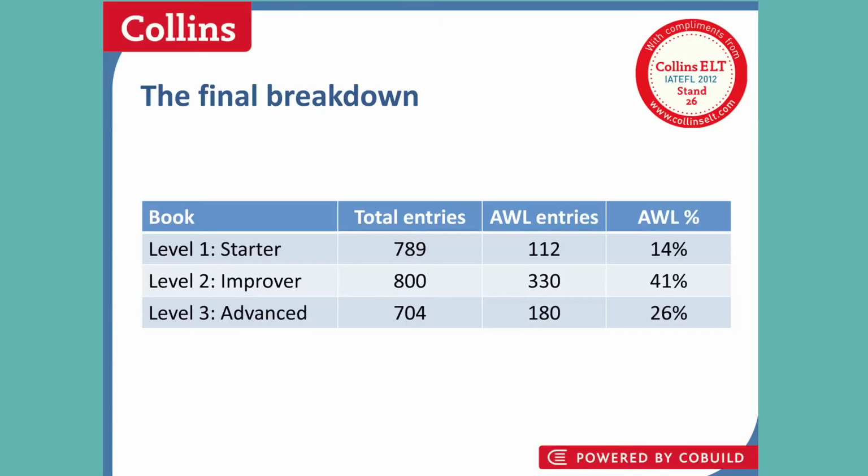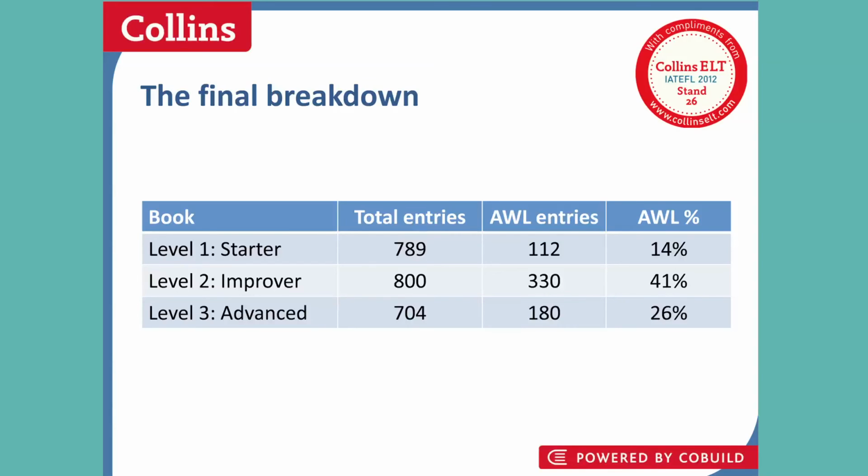Level 2, we had 800 entries, of which 330 were AWL. So here, nearly half of the words are academic word list words, which is unsurprising. Students who are really getting into writing academic essays, really starting to use the register, that's where they need the bulk of these words.